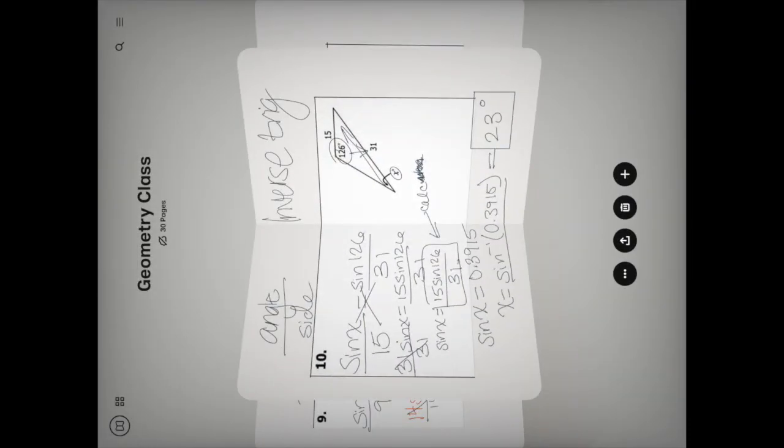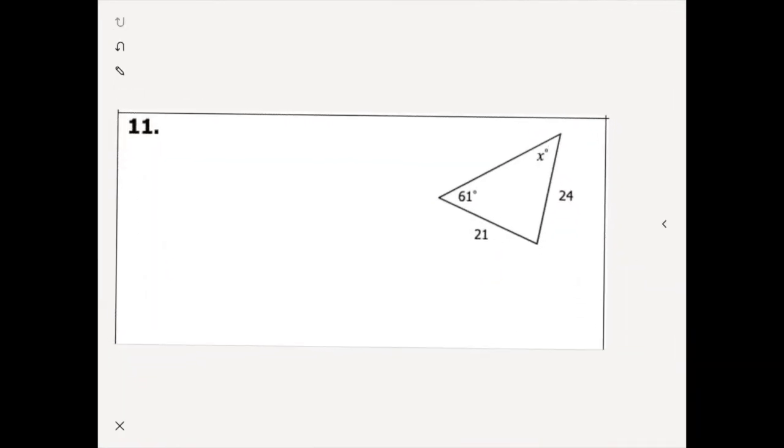One last example. So we have our x. We know it's an angle, so we're going to be using inverse trig. Its opposite is 21. And we have a 61-degree angle. Its opposite, the 24.